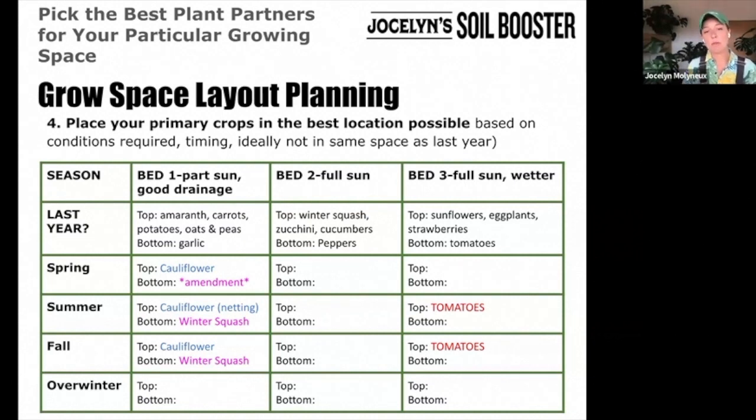And therefore, by putting the winter squash in the bottom half of bed 1, I could automatically pencil in an amendment or some regenerative technique that I'm going to use in the bottom of bed 1 during the spring to boost up those nitrogen levels, so that they are ready and waiting to really make that winter squash happy once it goes in. So this is sort of the finer finesse of what using a chart system like this allows you to start to do.